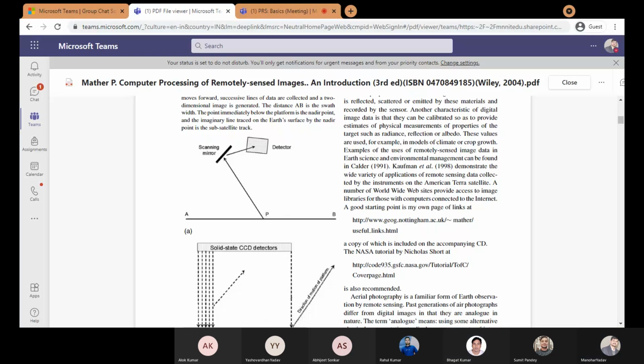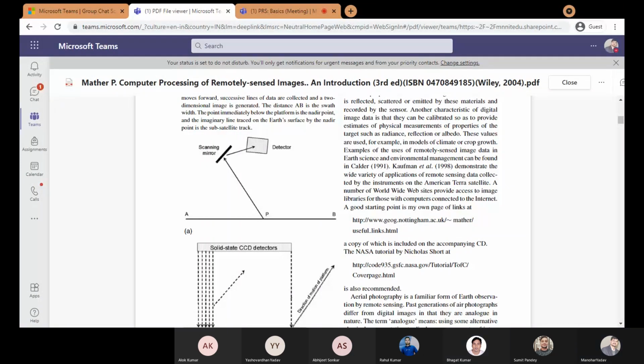Band means, when we analyze electromagnetic radiation, it comprises an infinite number of wavelengths, varying from gamma rays and X-rays to radio waves. So there is a wavelength axis, and on it we have an infinite number of wavelengths.